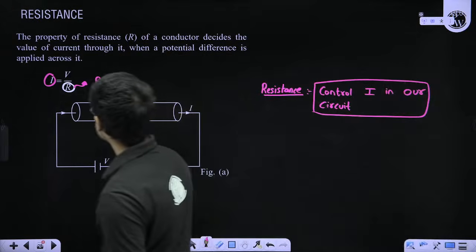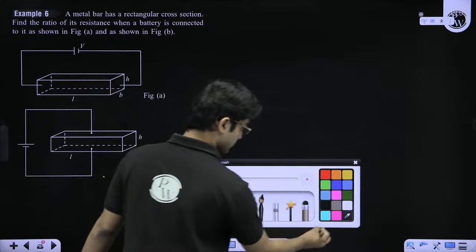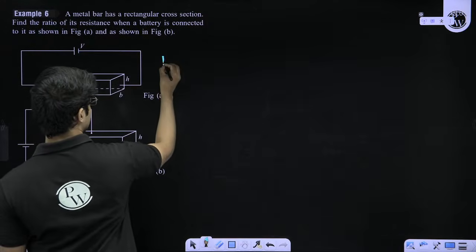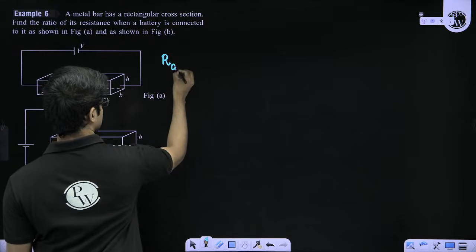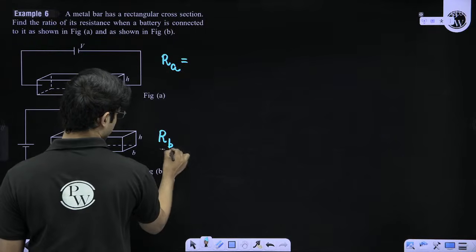Okay, so that's all for this. Now a question for you guys. What is the resistance in case A, and what is the resistance in case B?